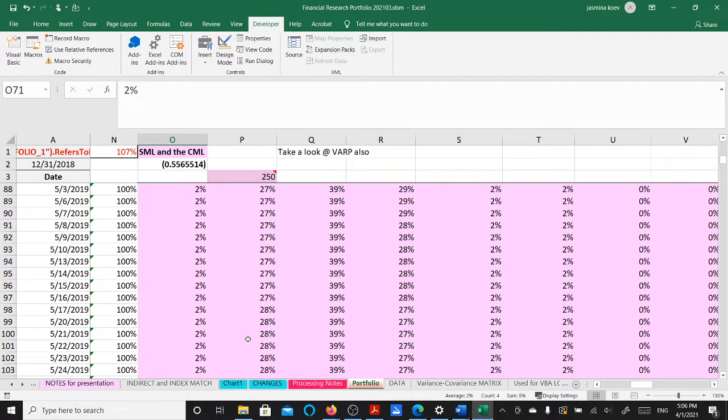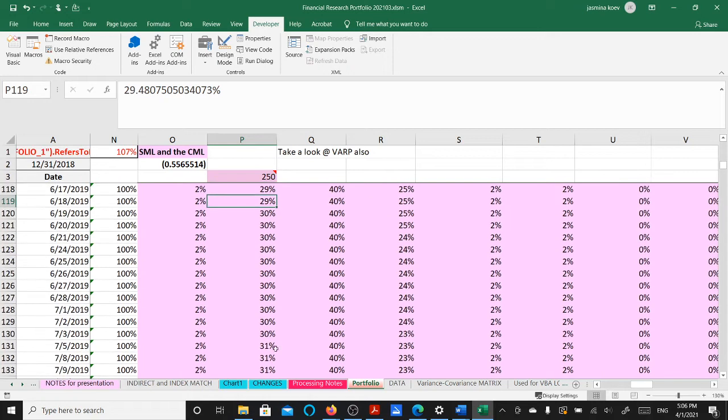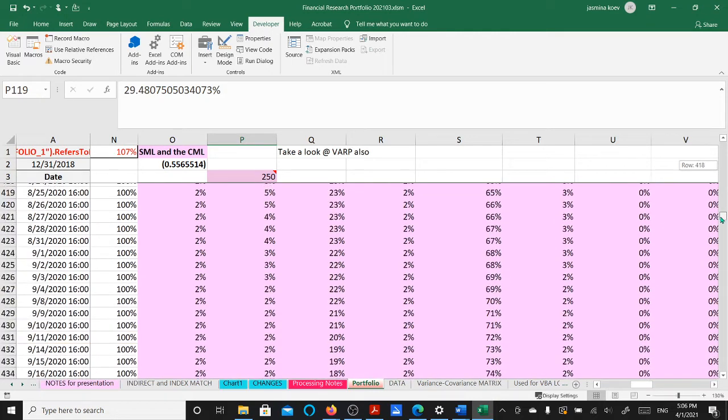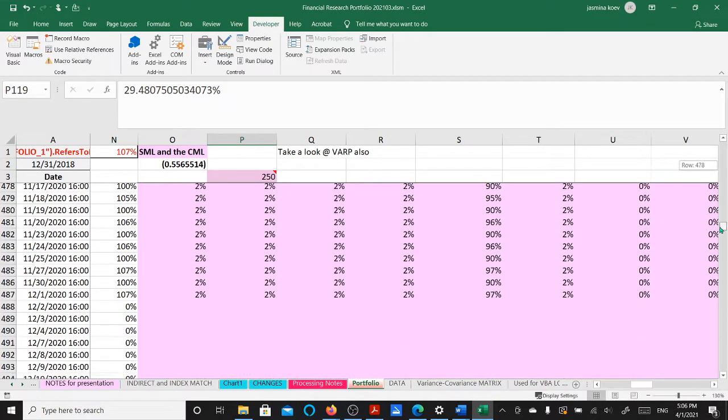I'm making it invest a minimum of 2%. Here you can see the percentages are changing. And it ran through this 420 times. And it changed the percentages of investments.